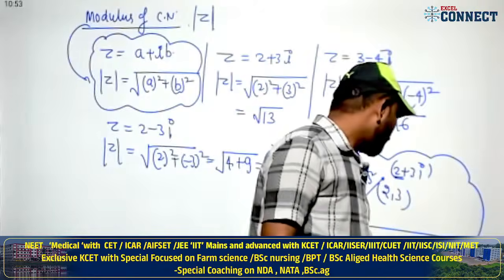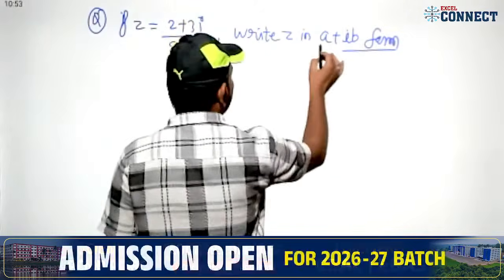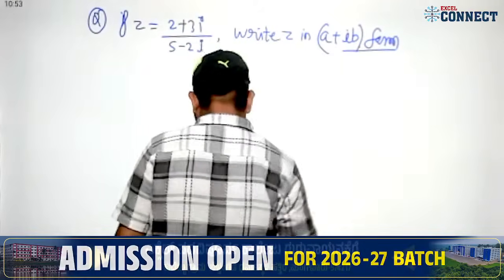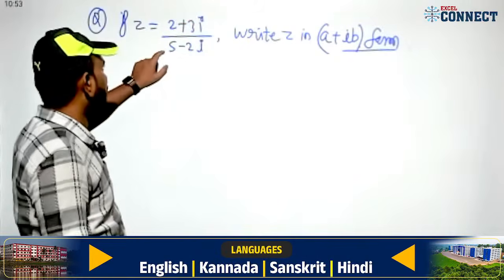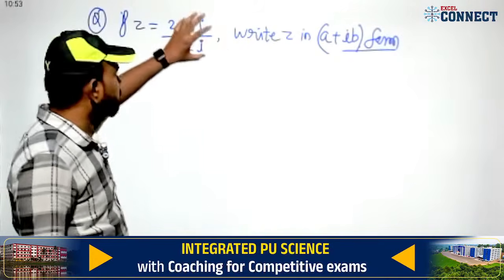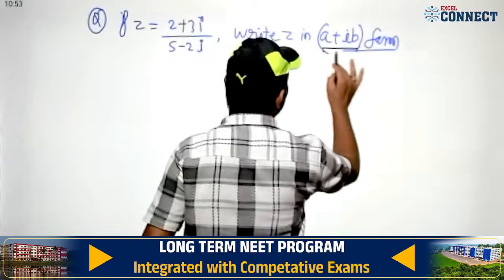Okay. If I ask you to write Z in the A plus iota B form, here it is 2 plus 3 iota over 5 minus 2 iota. So you do some manipulation in this so that your answer comes in this format only.